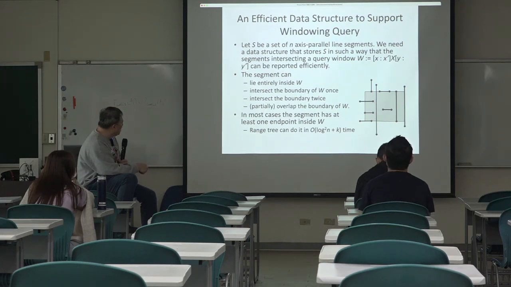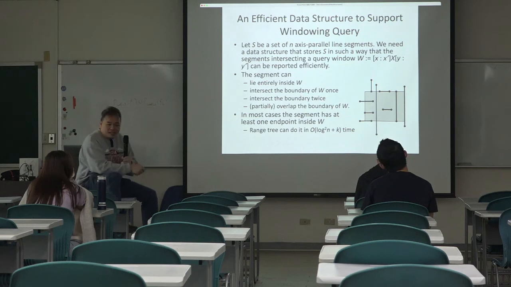If it partially overlaps the boundary, we will deal with the other cases later. For example, if it intersects the boundary twice, then the endpoints are not in the window, right?